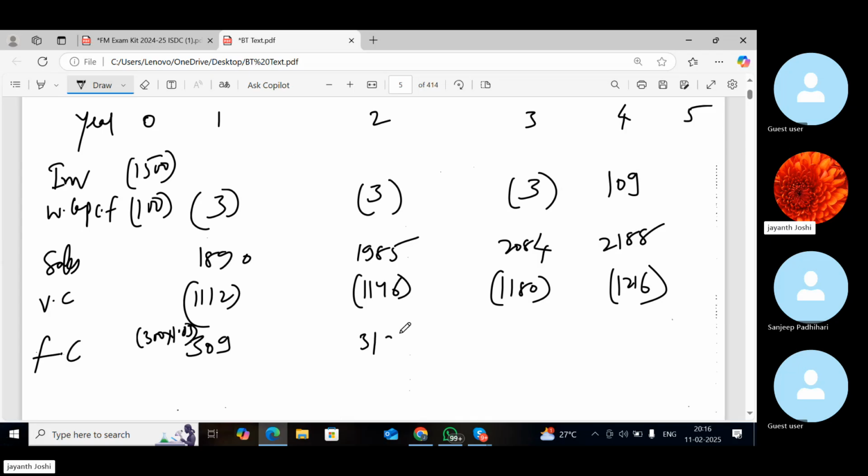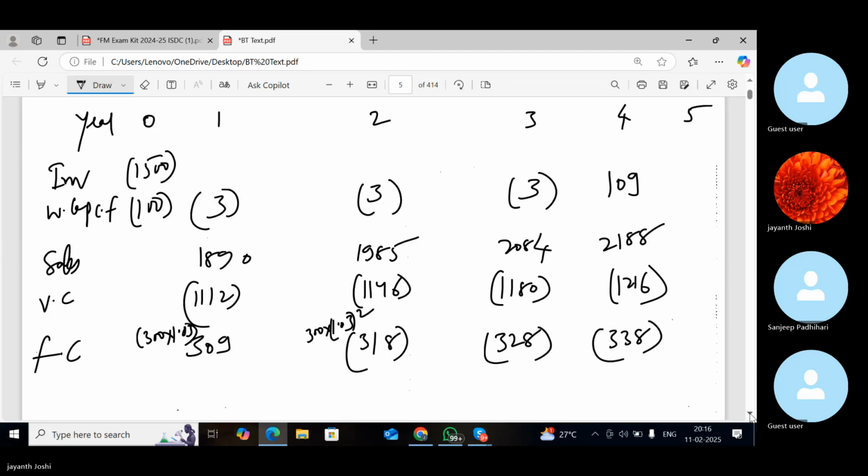I think you are understanding what I'm doing. Whatever 309 we get, you need to do 1.03, or 300 into 1.03 whole square, and you need to continue that. You know how to do it, right? Then 318 into 1.03, 328. 328 into 1.03 again, you'll get 338. Okay, this is also done.